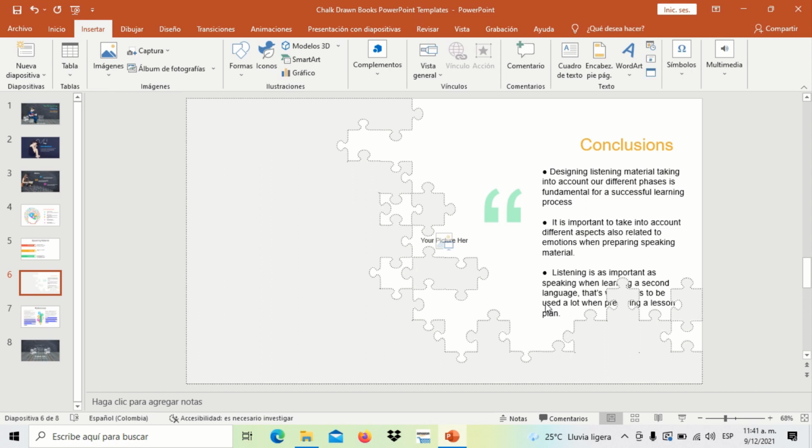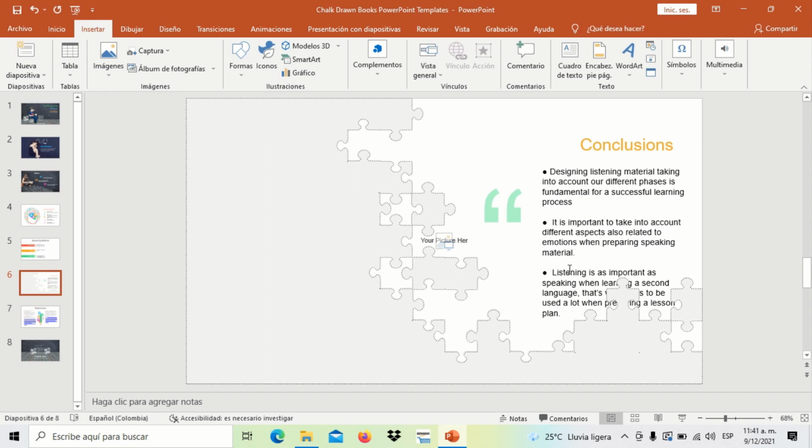Okay. For conclusions, designing listening material taking into account our different phases is fundamental for a successful learning process. Secondly, it is important to take into account different aspects also related to emotions. I mean, that's something that I have to say too.